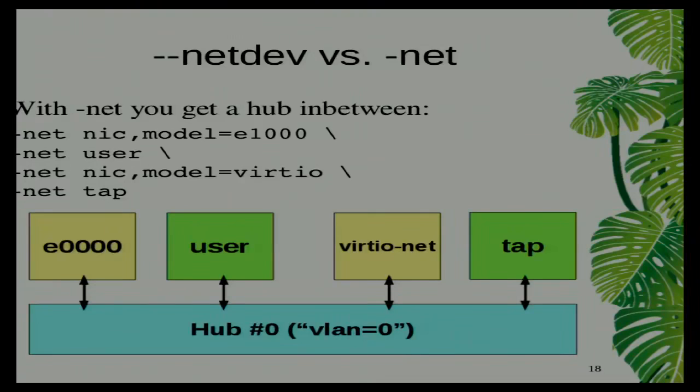The question was, if I want to sniff the network traffic on one of the interfaces with the -netdev command, you can do that. There's also a way to connect netdev to a hub since a couple of weeks at least.